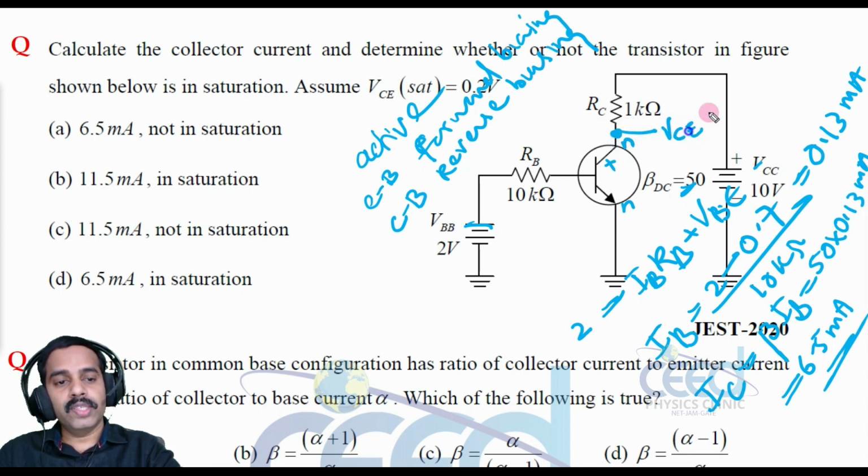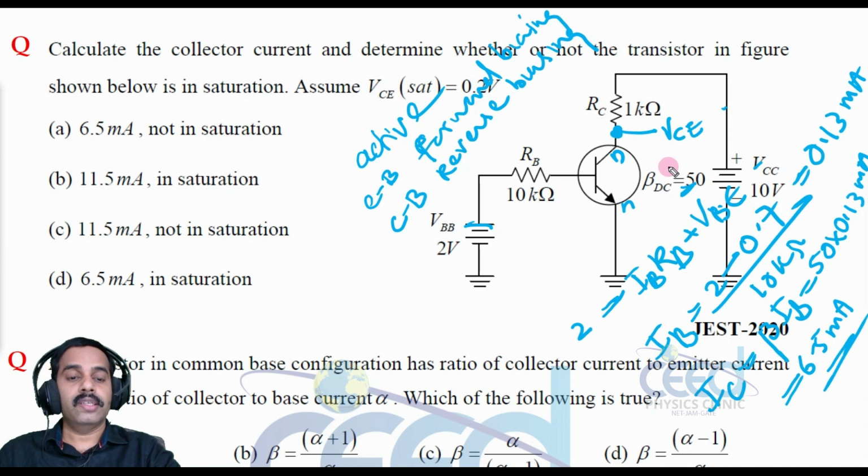If I get VCE positive, then I can say it is in reverse biasing, because this is the N region, so the negative terminal is connected to a positive voltage VCE. Then we can say it is in reverse bias. So we need to calculate the VCE first.